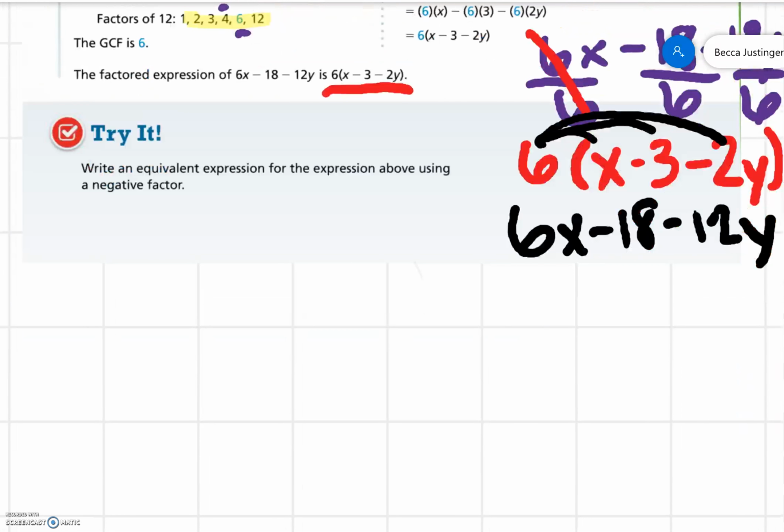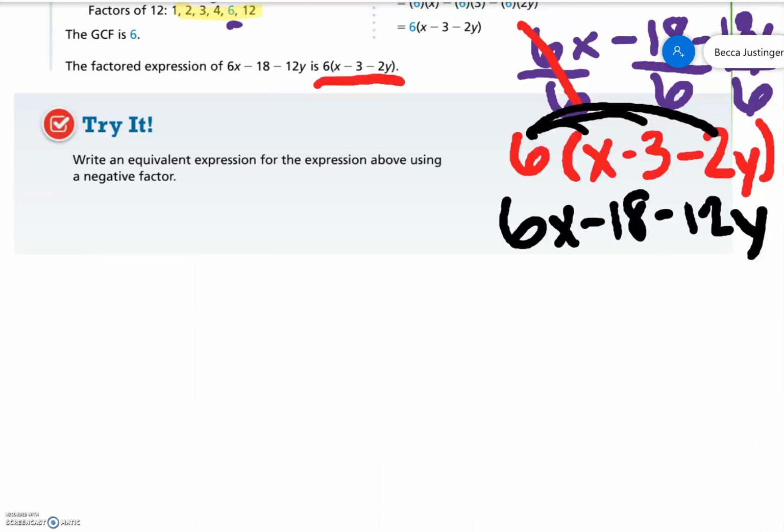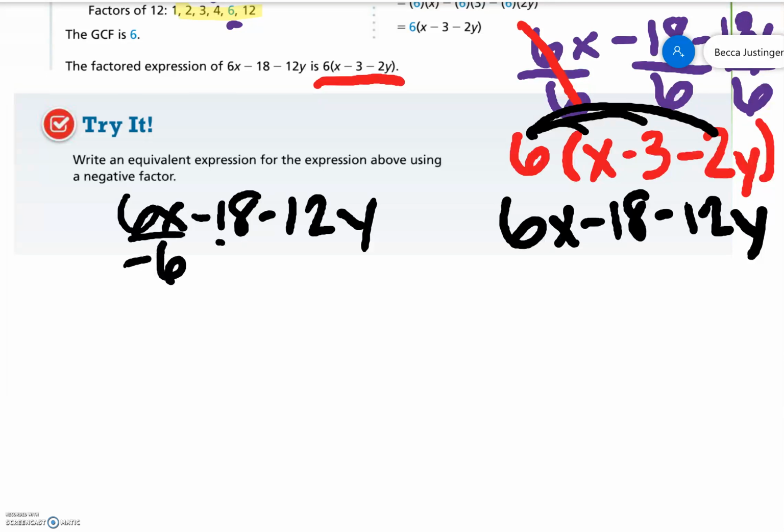Okay, so this says write an equivalent expression for the expression above using a negative factor. So 6x minus 18 minus 12y. Now they want us to do the negative factor, so we're going to divide by -6. You won't have to do this unless they ask you to.